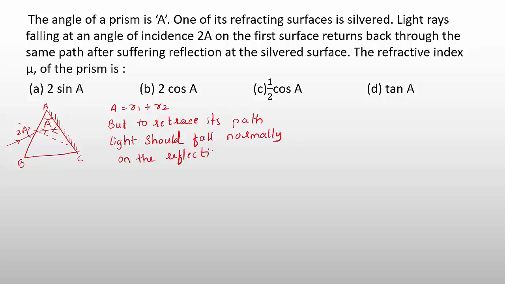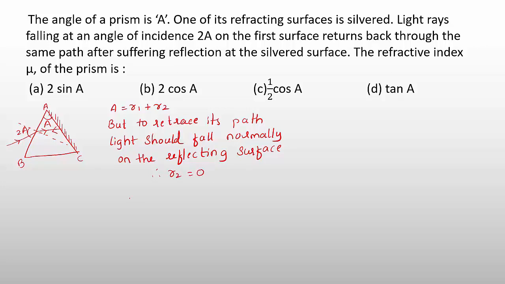Yes, we know that at normal incidence, the ray of light is undeviated. That means this ray of light has to fall on AC normally. Then only it can retrace its path in the opposite direction. So when it falls normally on this surface, the angle of refraction, that is R2, will be 0.